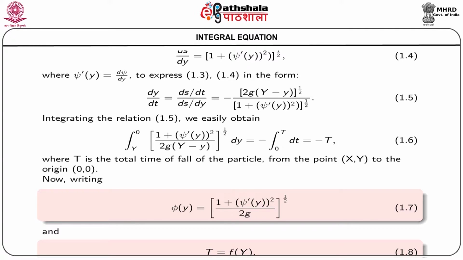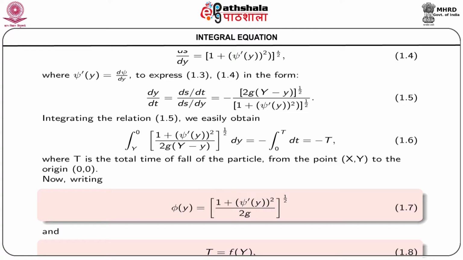Here integral y starts from capital Y to 0, and if capital T is the total time of fall of the particle from capital XY to the point 0, 0, that is origin, then the total time of fall capital T is expressed in equation 1.6.